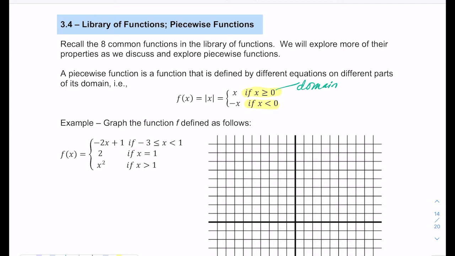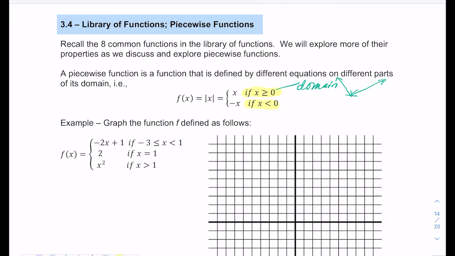And when x is less than 0 for the domain, I'm going to use negative x. And we know that if you graph f of x equals x, that's a straight line going up. And f of x equals negative x would be a straight line going down. And when you put that together, you get a V-shaped graph, which is the absolute value function.